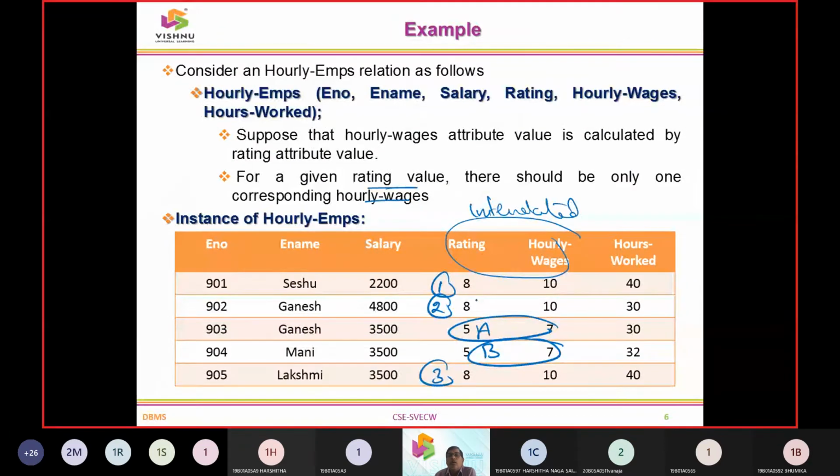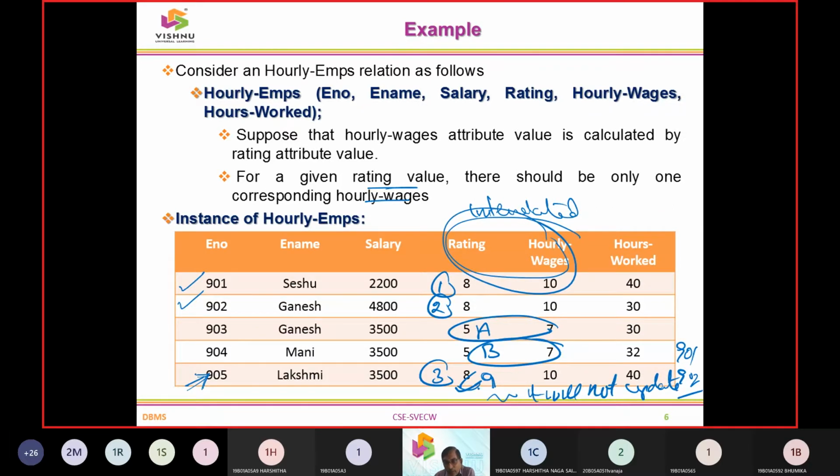Now, if I am going to update this 8 with 9, it will not update tuple number 901 and 902. So I'm just making an update operation on tuple 903, but it is not updating 901 and 902. But what was the condition? The condition was rating and hourly wages are interlinked.